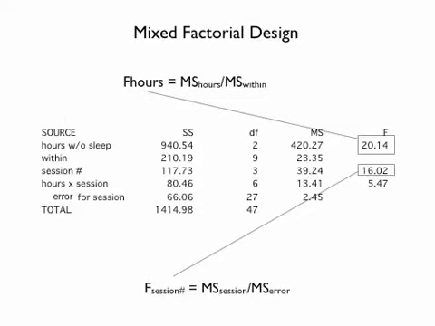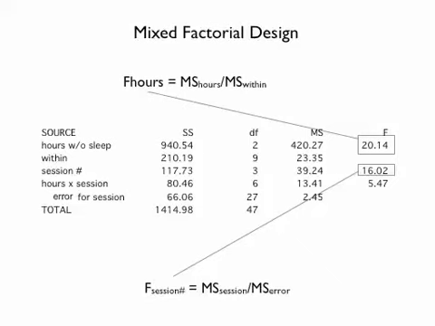Here's what the source table might look like, right? Remember, in a source table, you're going to get sums of squares for these different sources of variability. Hours without sleep, right? The within treatments sums of squares, which you'll need to get the within treatments mean square.